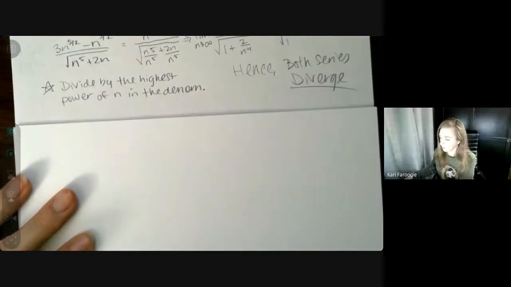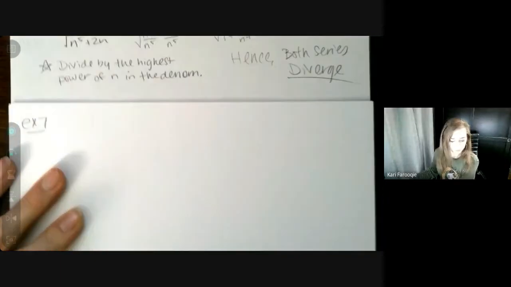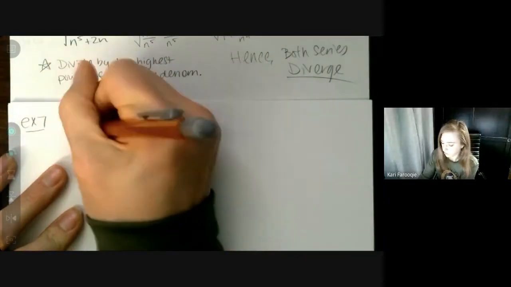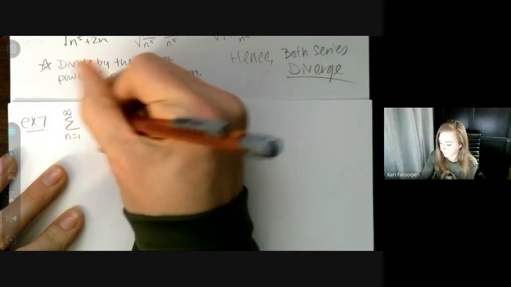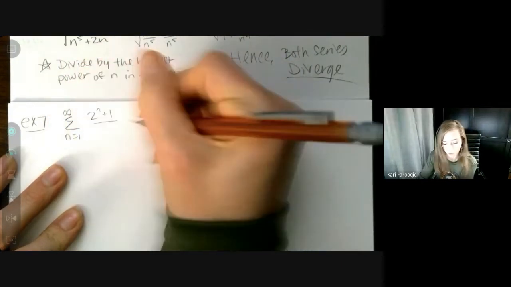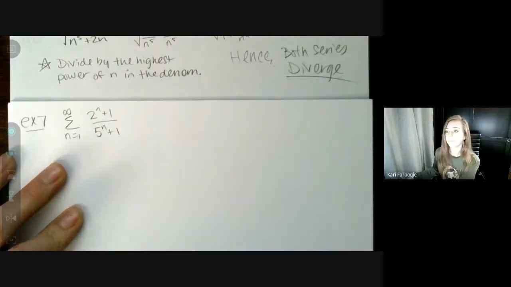So this will be example 7. This is the series. We'll go from 1 to infinity of 2 to the n plus 1 divided by 5 to the n plus 1.